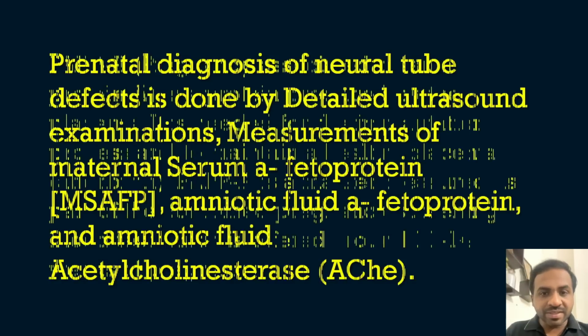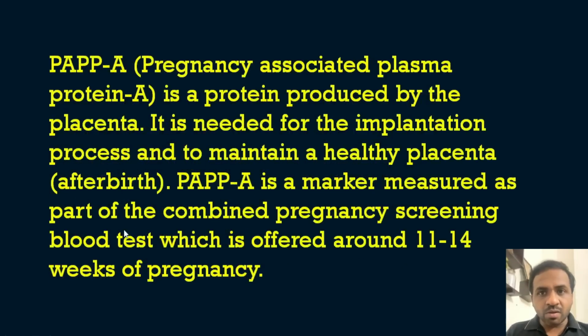Then now we will see the other options. The other option was PAPP-A. PAPP-A stands for pregnancy associated plasma protein A. It is a protein which is produced by the placenta. It is needed for the implantation process and to maintain a healthy placenta, that means even after the birth.